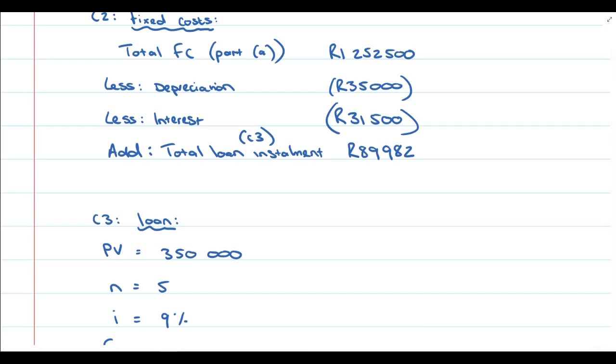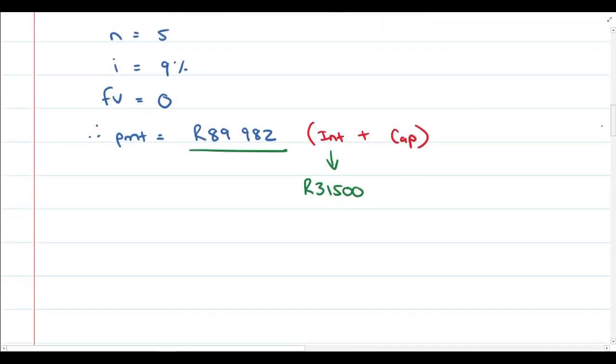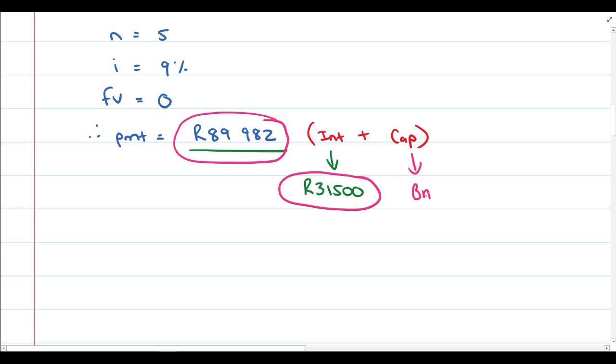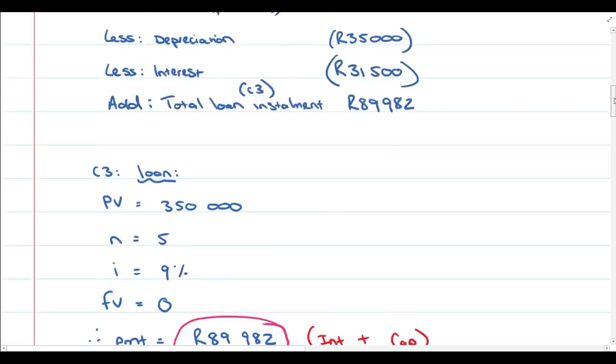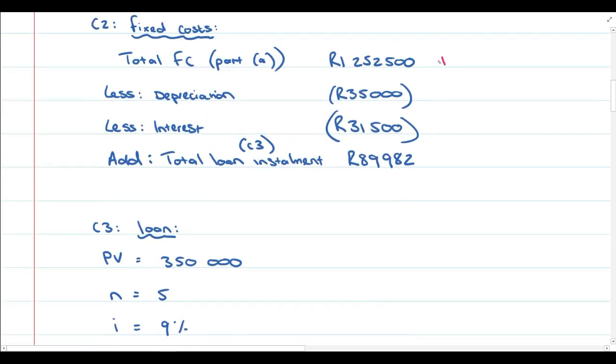So guys, like I said, as an alternative, what you could have done is you could have said, this is the total cash flow, take out the interest amount, that will then give you the capital, which is obviously just the balance, and then just add the capital amount to your fixed costs over here. But however you perform the calculation, you'll come to exactly the same answer.